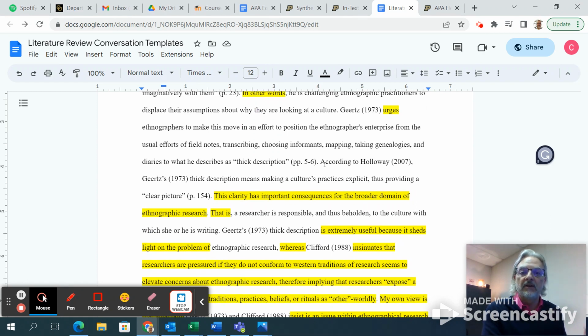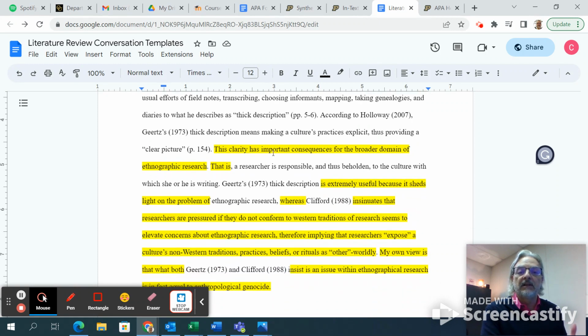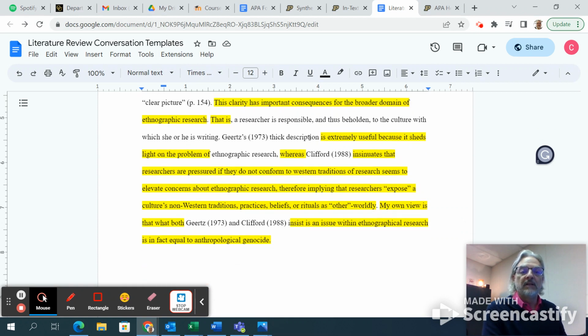Now I'm going to start bringing in other authors. According to Holloway, it's this. This clarity has important consequences for the broader domain of ethnographic research, or anthropological research, ethnography being the primary research methodology. Anyway, this clarity is important because, that is, I'm explaining, it is extremely useful because it sheds light on the problem of blank, whereas Clifford.